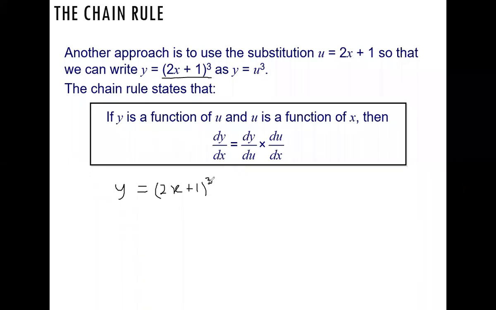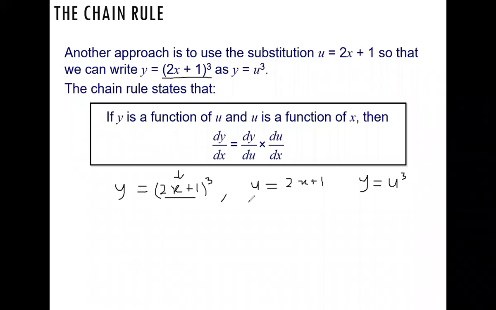Anytime you are given something like this, make one of the functions equal to u. So we'll let whatever is in the bracket be equal to u. So u is equal to 2x plus 1, and then y will be equal to u raised to the power 3.